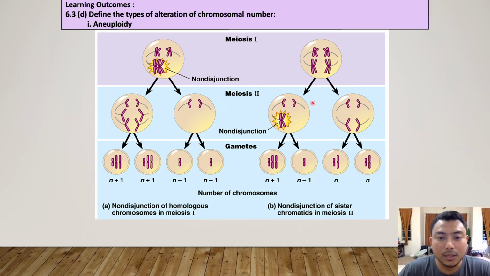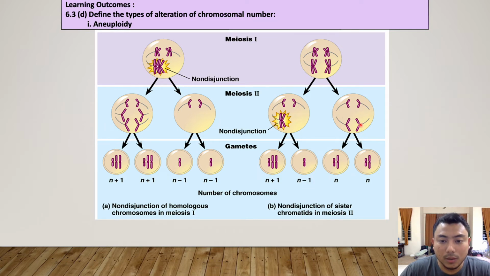Manakala kalau non-disjunction occurs during meiosis 2, okay, so let's say meiosis 1 occurs normally, so the cell receives a normal number of chromosomes here and there, but after meiosis 2, the sister chromatid sepatutnya macam ni lah, normal, separate and move to opposite poles, but non-disjunction occurs, so this particular cell will have N plus 1, this particular cell has N minus 1.